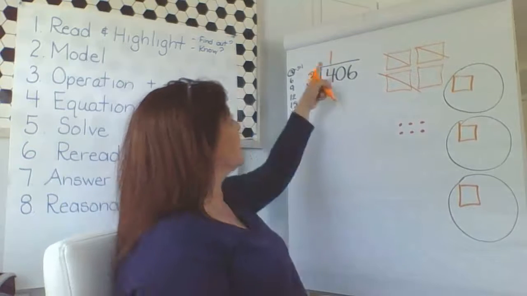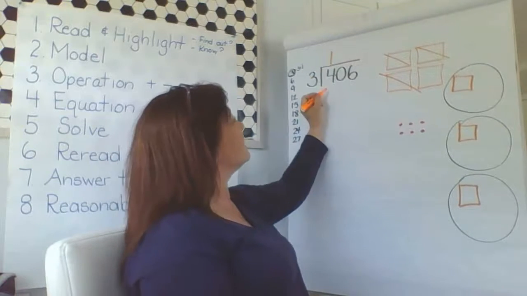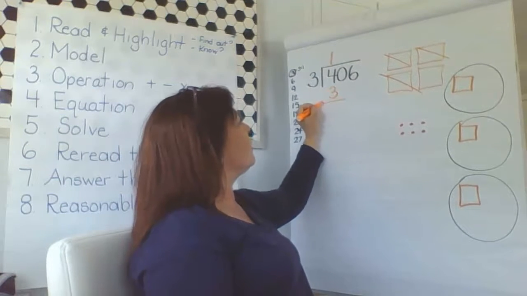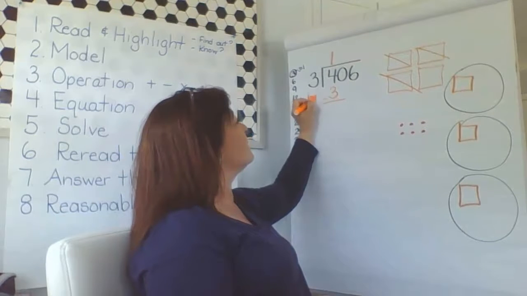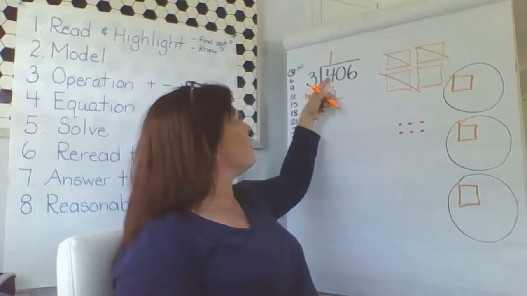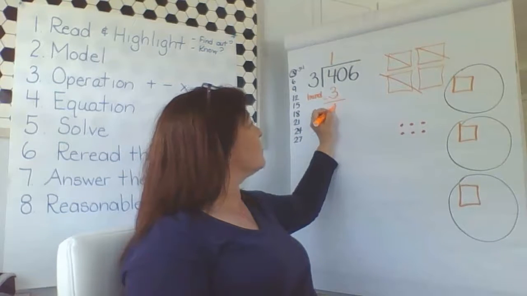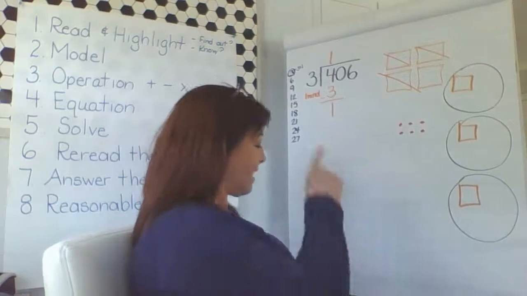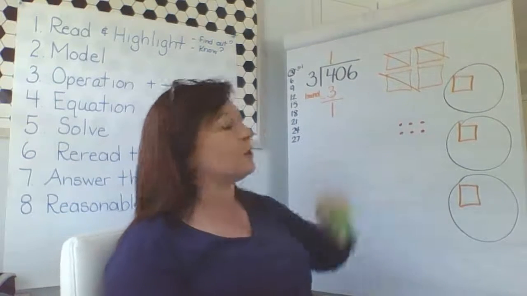Next, we're going to multiply. 1 times 3 is 3, and that is the number of hundreds I was able to put in my groups. 4 take away 3 is 1, so I have 100 left over.